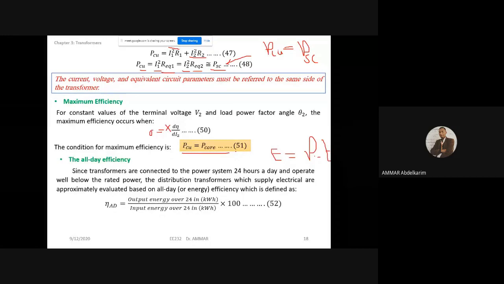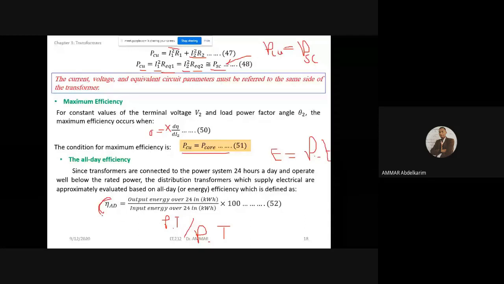So the all-day efficiency equals the output energy measured in kilowatt hour, which means the power times time, over the input power times time. And here the time is 24 hours. So this is the all-day efficiency.